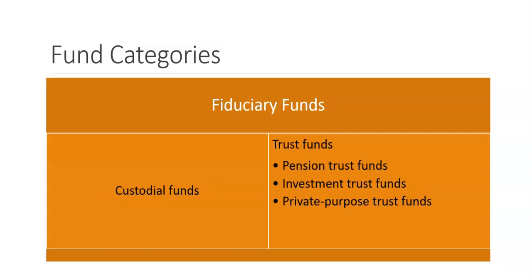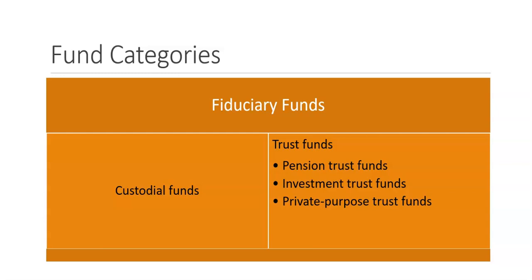Okay, and then fiduciary funds. Fiduciary funds are where we're acting as a trustee or a custodian of funds. One of the most frequent ones that governments have is pension funds. If you've taken intermediate accounting, you may have already covered pension accounting.